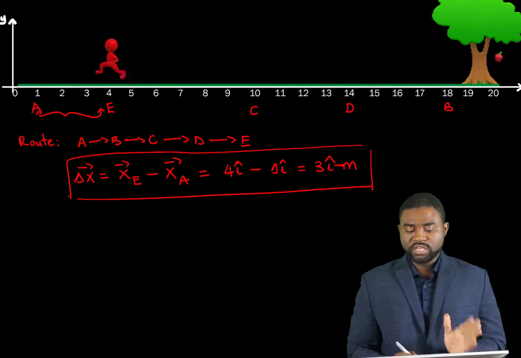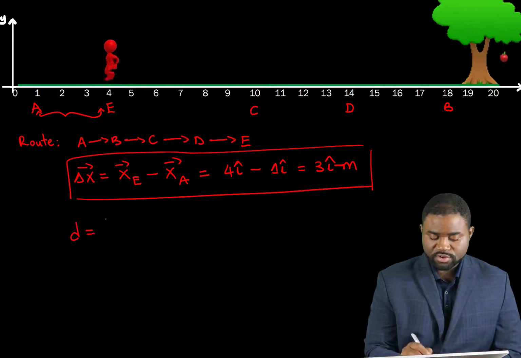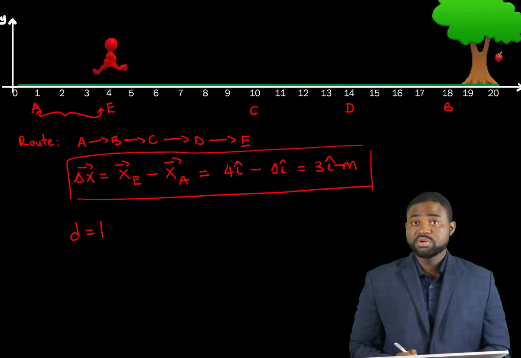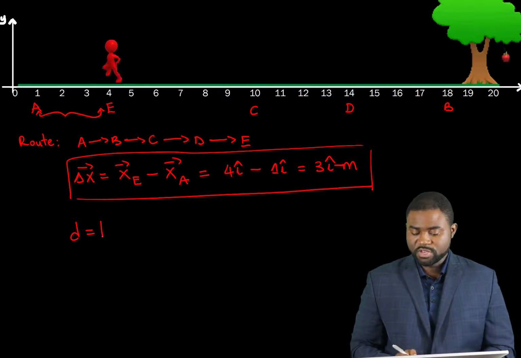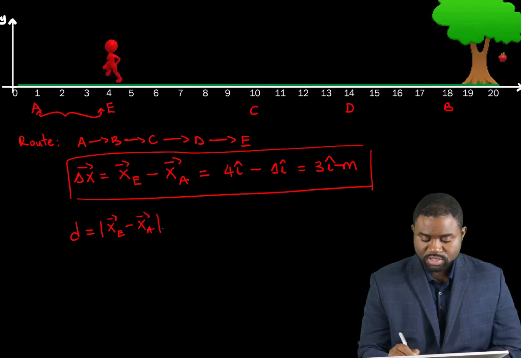But what is his total distance traveled? His total distance traveled is the sum of the magnitudes of each displacement. What does that mean?